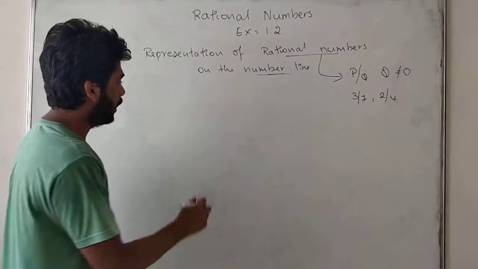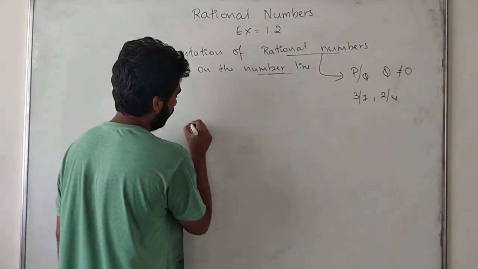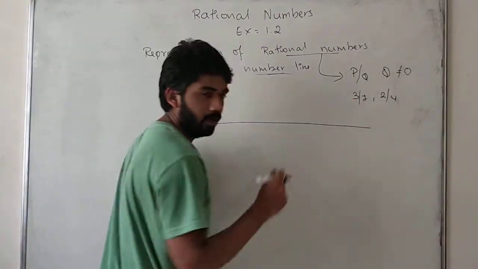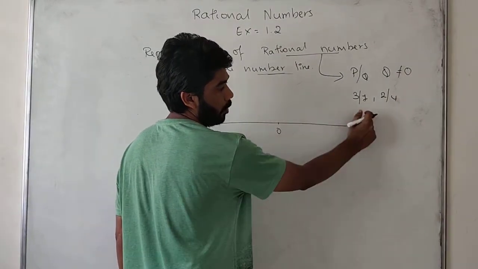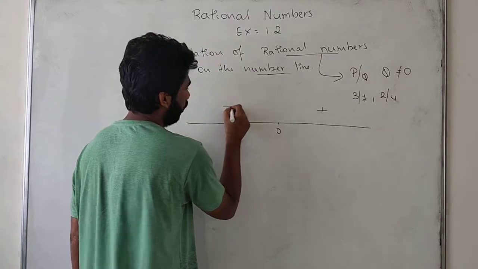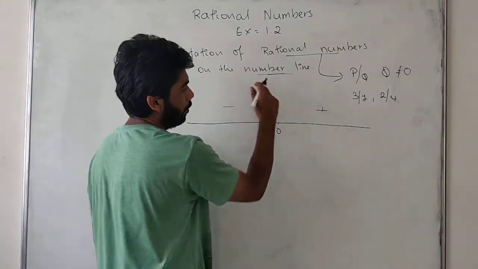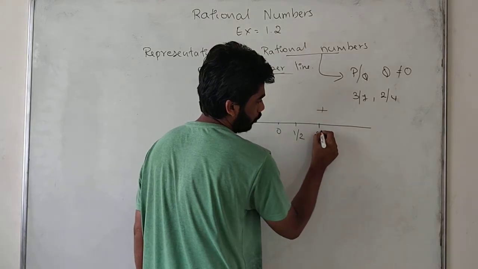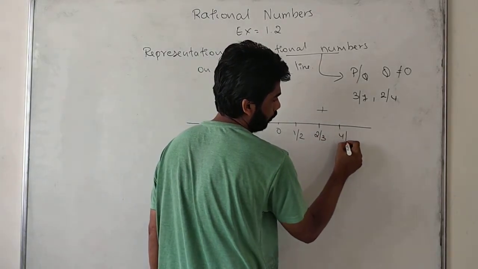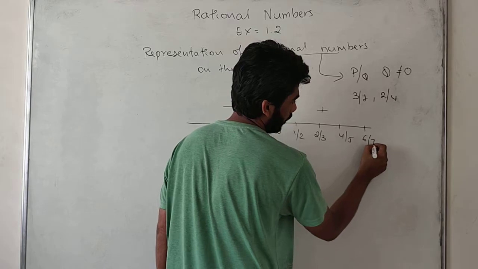What is a number line? A number line is nothing but a linear line, where the point will be 0. This side will all be positive, and this side will all be negative. So on the number line we represent 1 by 2, 2 by 3, 4 by 5, 6 by 7.